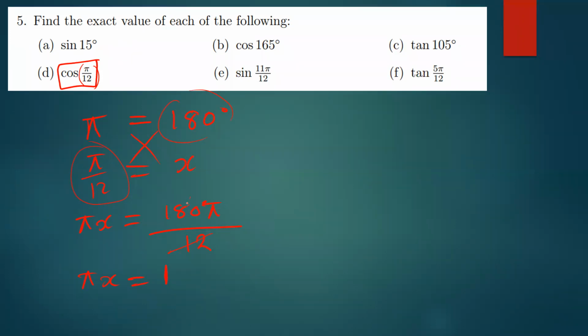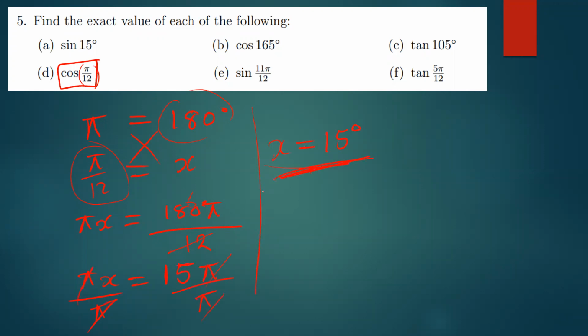That 6 we add to 0, then 12 into 60 is 5. We still have pi on this side, so we can divide everything by pi, and the pi cancels. So the value of x is simply equal to 15 degrees.